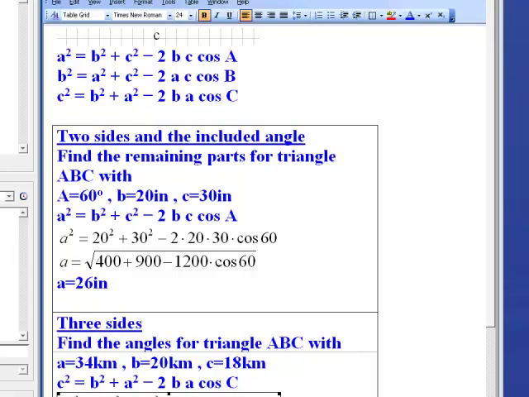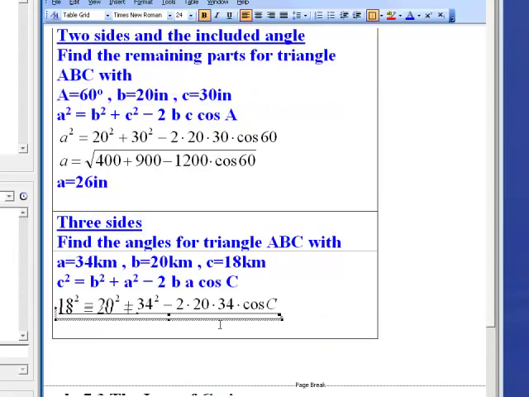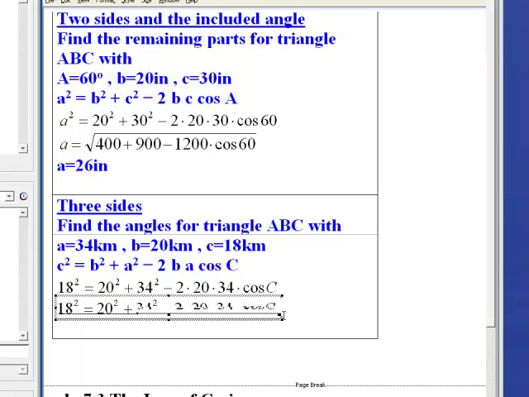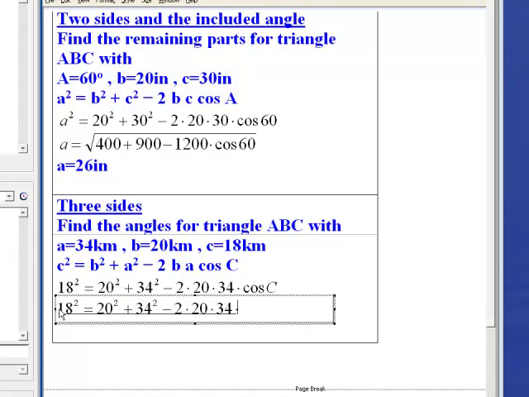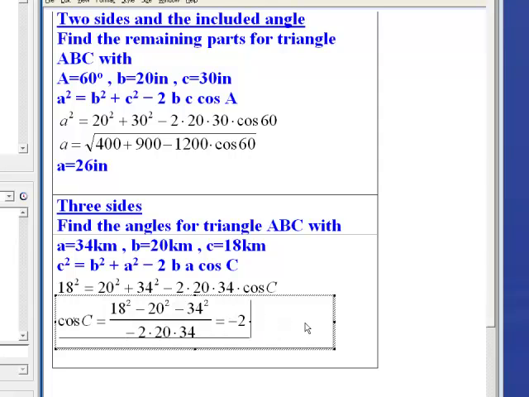And then we do the algebra on this one. Again, I'm going to scroll down. So cosine C is going to come out to, I'm going to take this to the very front, equals, and I need a fraction bar, 18 squared minus 20 squared minus 34 squared, divide by negative 2 times 20 times 34.